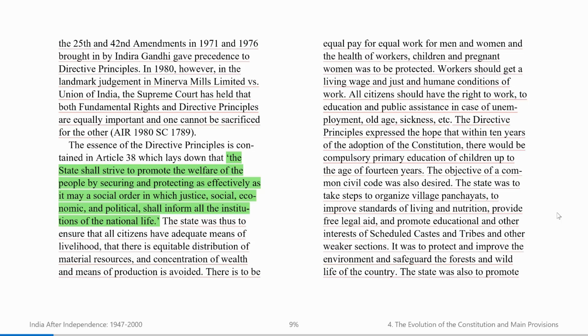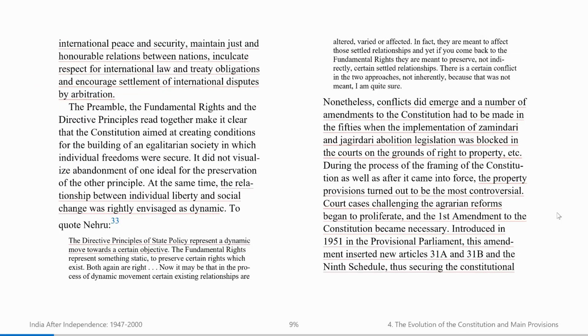Though, very interestingly, they don't know about those scholarships themselves. Another was to protect and improve the environment, and there was Article 48A, to safeguard the forests and wildlife of the country. All these basically, with Article 50, that is separation of powers between the judiciary and the executive and legislature, international peace should be maintained, and so on.